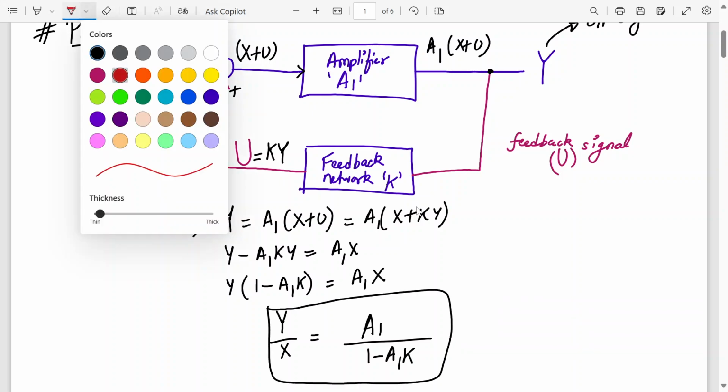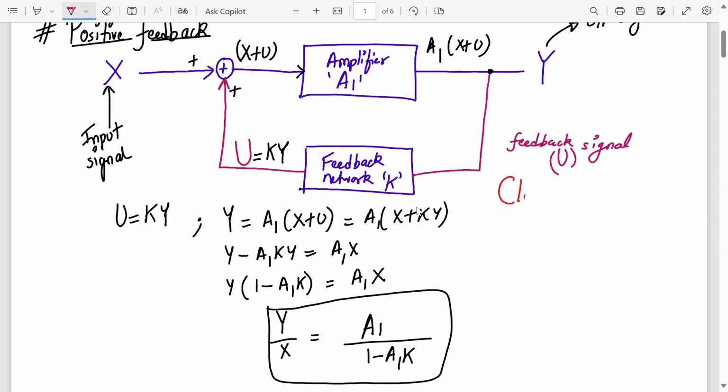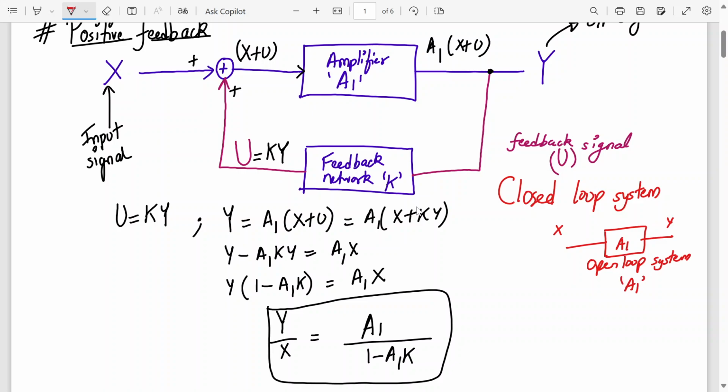Yeah. So this system is called a closed loop system. If I had just an amplifier with X and Y as the input and output, this was open loop. So what is the gain of the open loop system? Gain is A1. And what is the closed loop system gain? Y upon X. Understood? The gain of any system is output upon input.